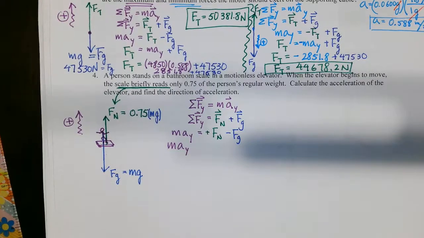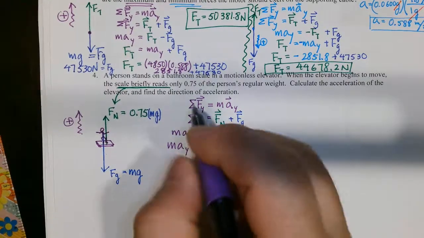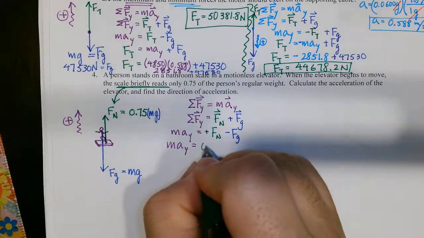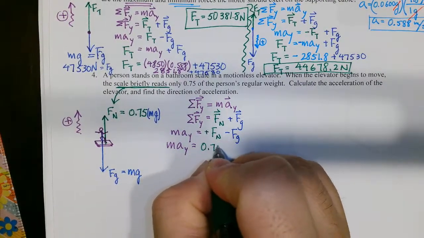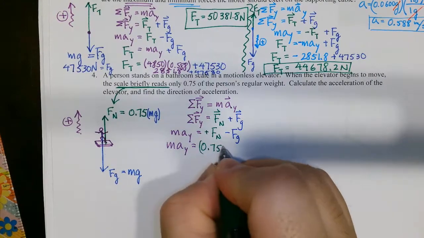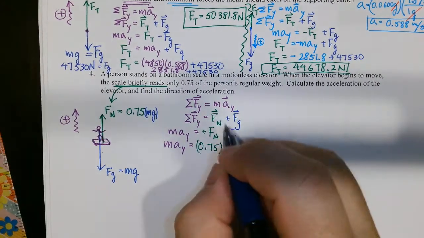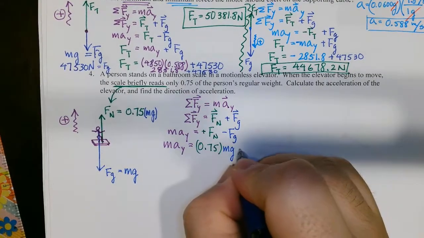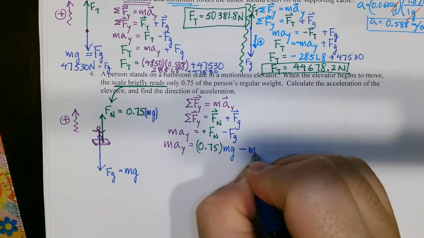Okay? And that is equal to, my F normal happens to be 0.75 times mg minus mg.